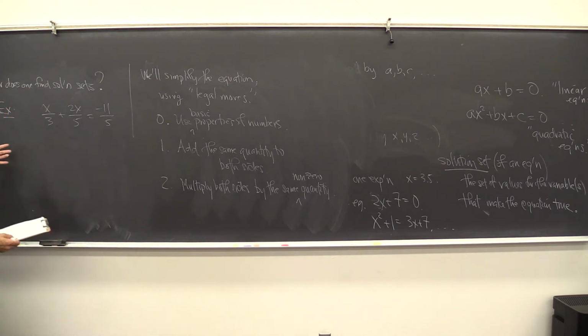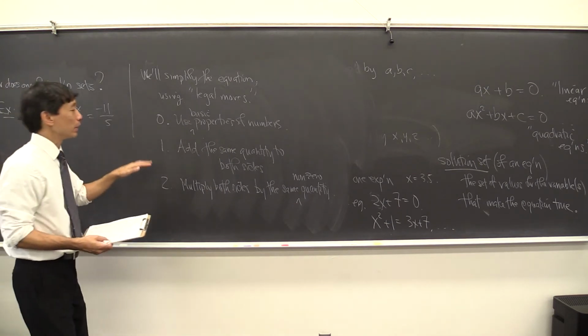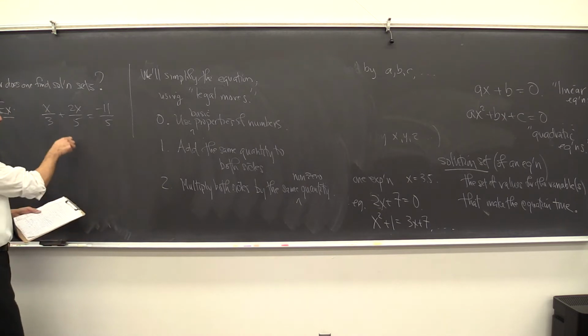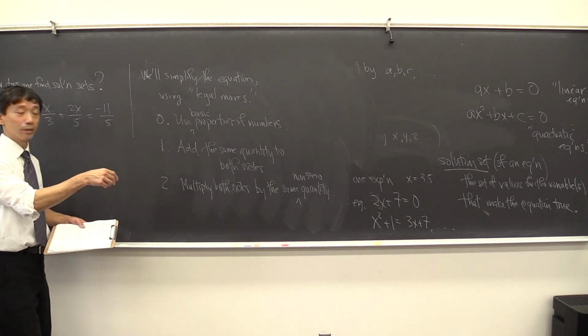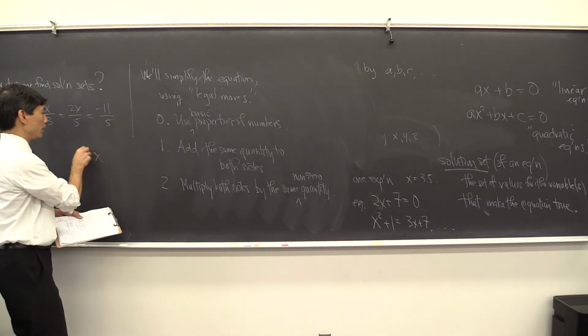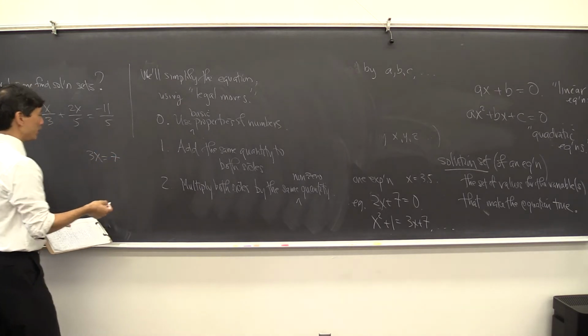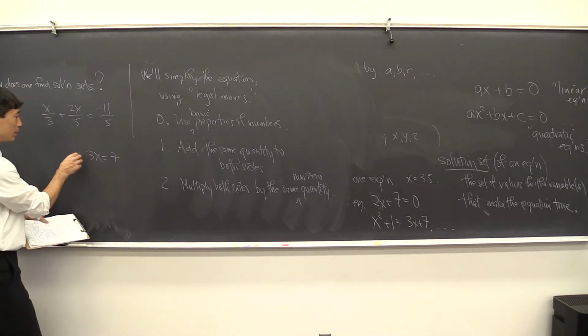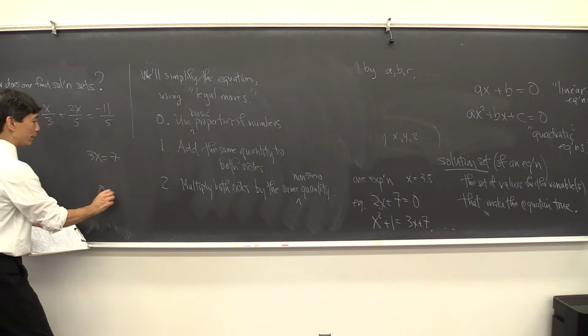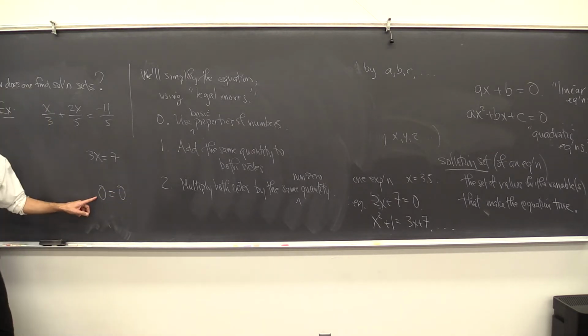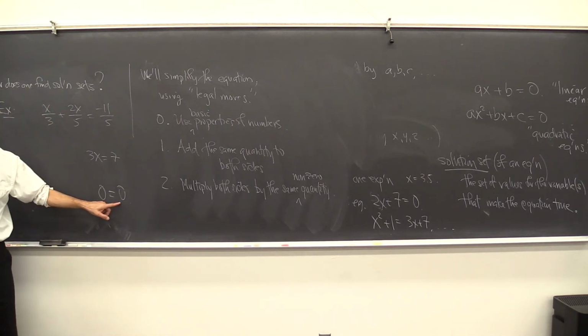So what would happen if we multiplied by 0? I've got this equation, 3x equals 7, and I say I'm going to multiply this by 0. I get 0 equals 0. What's the solution set of 0 equals 0? Is it okay if x is 1?